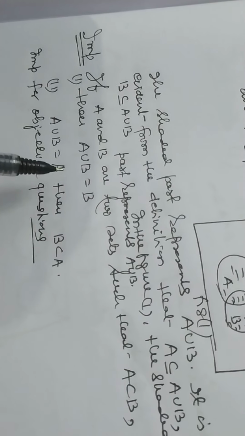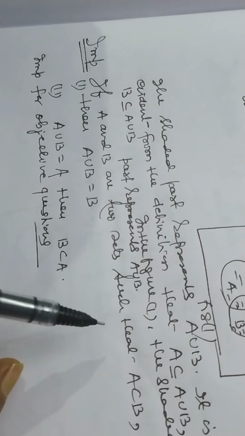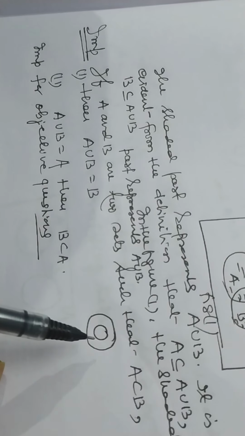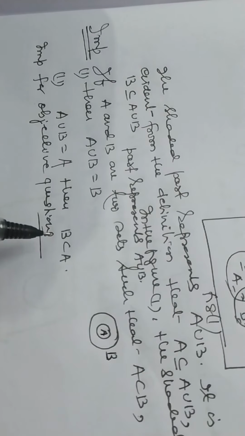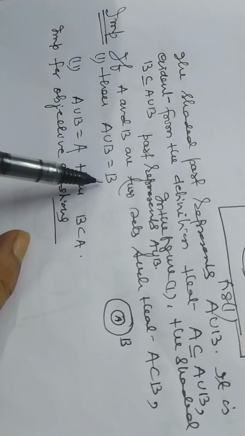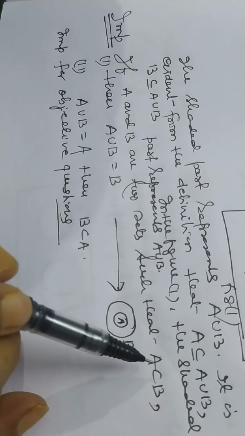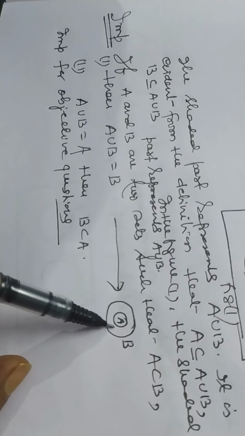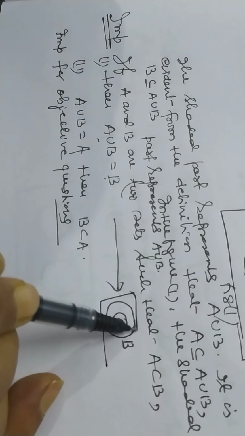If A is a proper subset of B, meaning A stays inside B, A will be inside what? Inside B. The figure will look like this. Then A union B is equal to B. See this figure. If A is a proper subset of B, then A union B is equal to B. In this way we can represent it in the form of a Venn diagram.